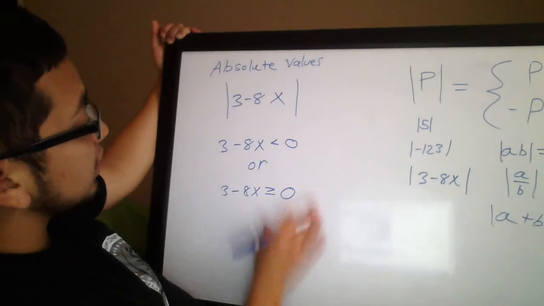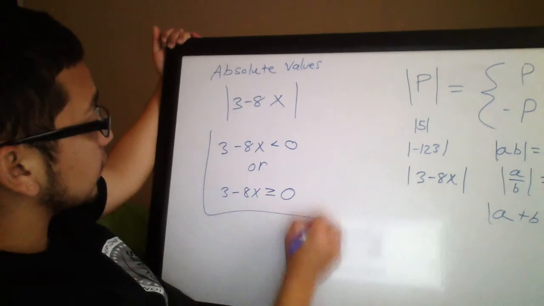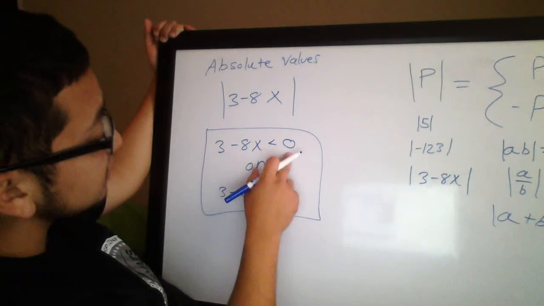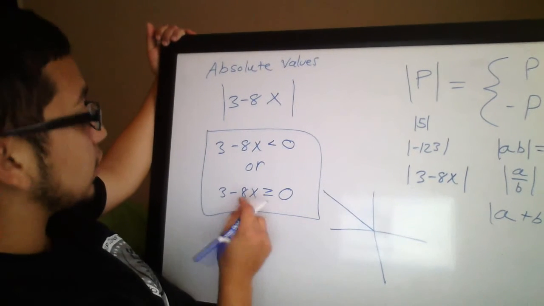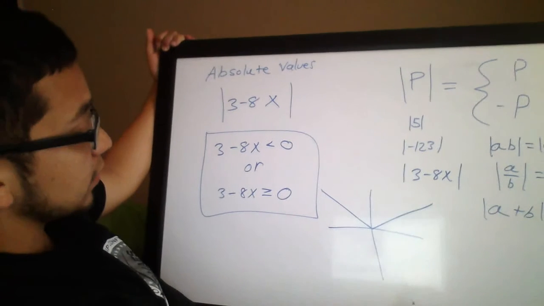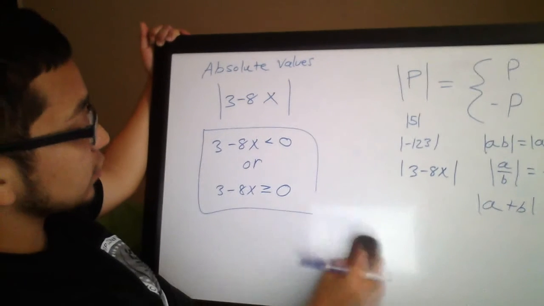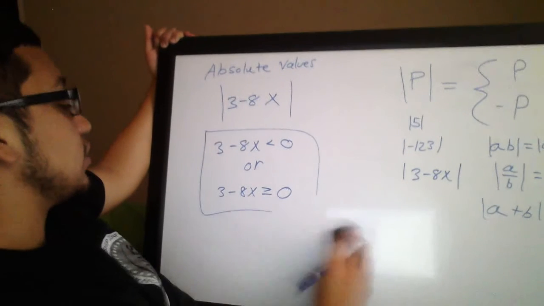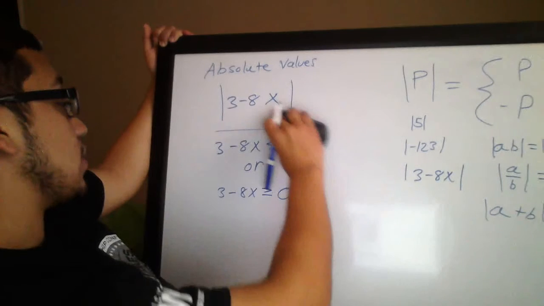So anytime you see something like this, you have to write 3 minus 8x is less than 0. The less than 0 is this portion. Greater than or equal to 0 is this portion. That's where this comes from. So you have to write this, and you have to solve for it to get the answer.